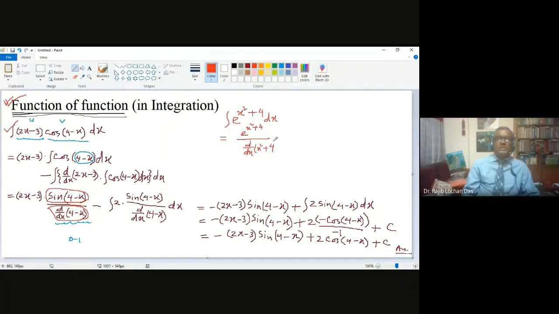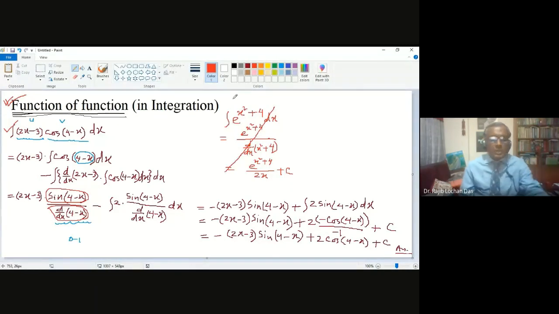So in the next line, you can write it like e to the power x square plus 4 divided by 2x, and then plus c. This will be wrong answer. This will be wrong technique, wrong answer. It is not applicable. There is a restriction.